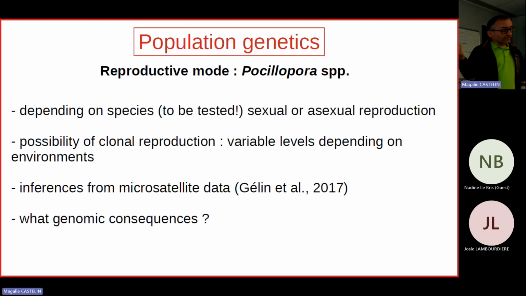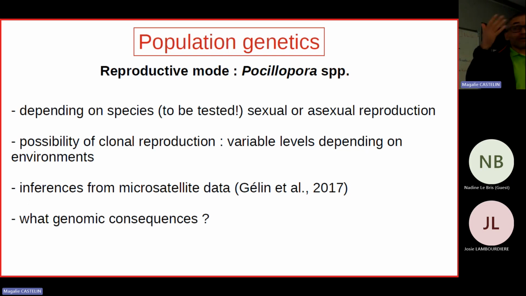If you take two colonies, you can test if they are genetically identical. But if you do that, you don't analyze one locus, because by chance the two colonies can be identical with one locus. But if they are identical at 2, 3, 10, 20, 100 loci, 100 genetic markers, that's very strong information indicating that these are clones.